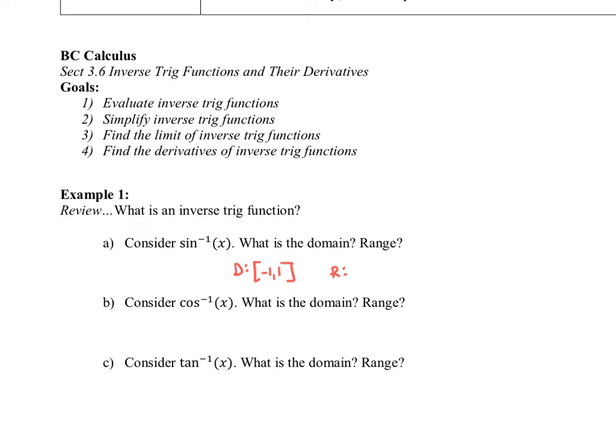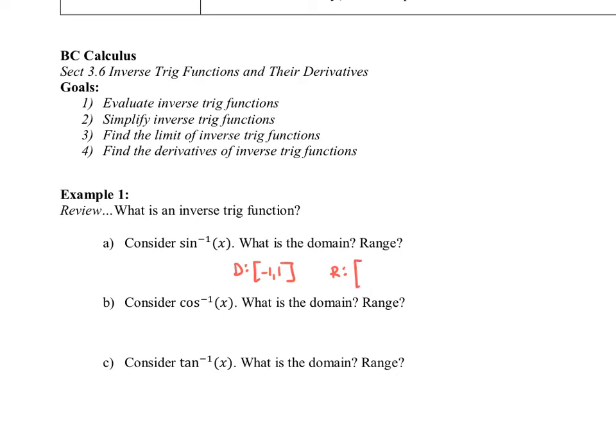Now remember, the original domain of sine is -infinity to infinity, but in order to look at our inverse function, we need to create a one-to-one function for sine, because sine of x is not a one-to-one function, it does not pass the horizontal line test. So if we restrict the original sine of x domain, then we would get an appropriate range for the inverse sine of x.